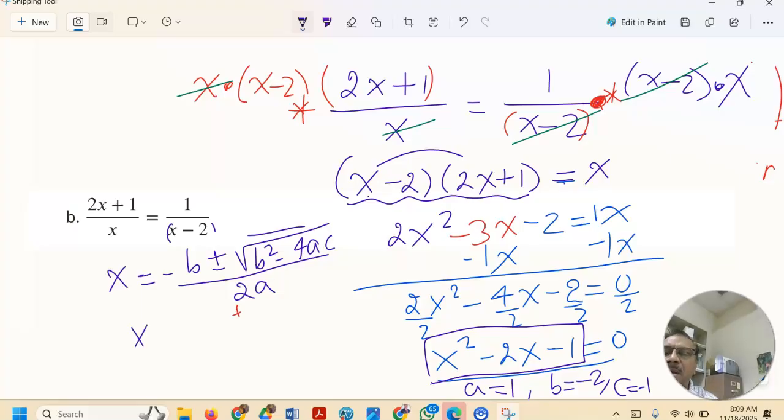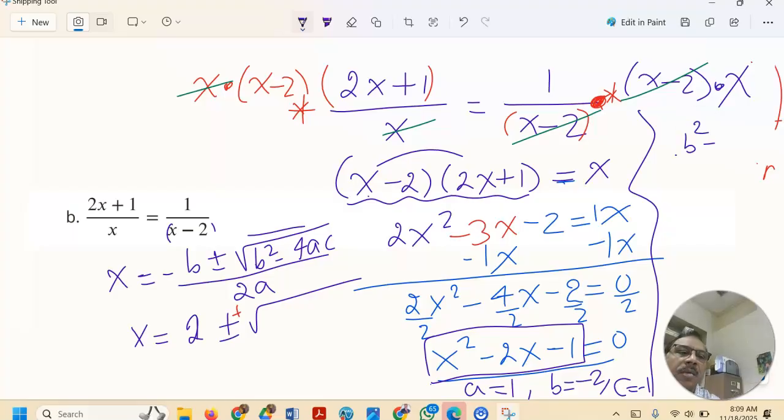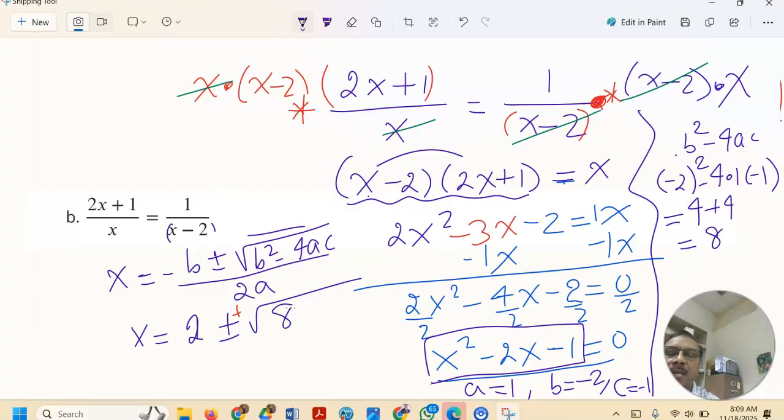Using the quadratic formula, this becomes minus of minus 2, which is 2, then plus or minus the square root of b squared minus 4ac, which is minus 4 times 1 times minus 1. With a little scratch work you get 4 plus 4, which is 8. So this becomes the square root of 8 divided by 2 times 1.